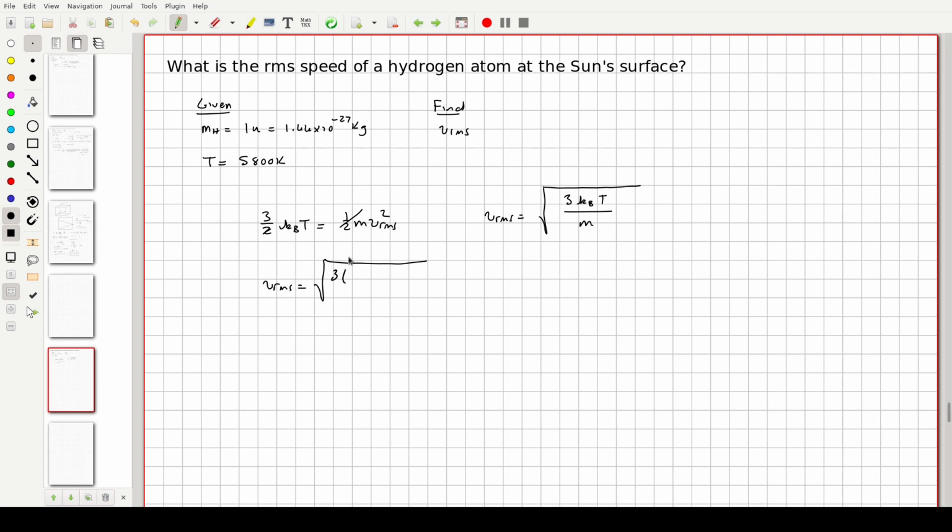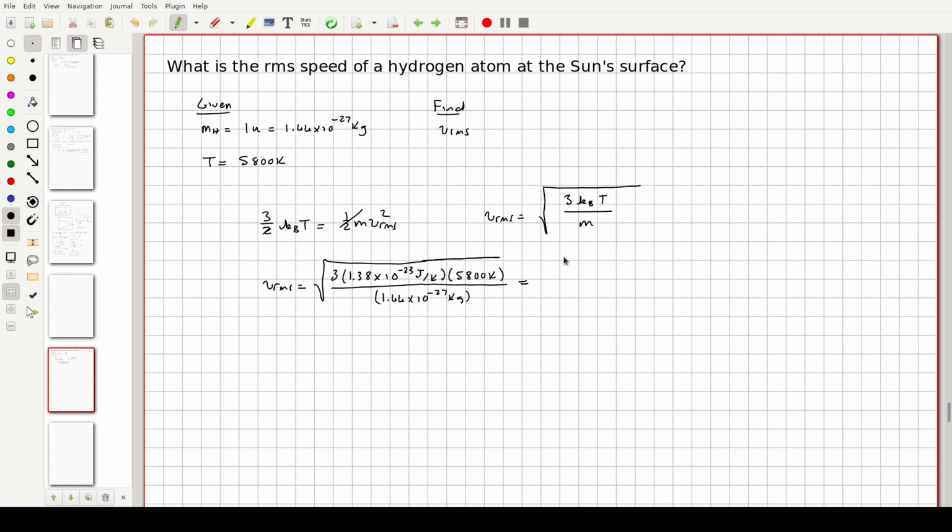So v RMS is equal to the square root of 3 times. Now let's see, Boltzmann's constant was 1.38 times 10 to the minus 23rd joules per Kelvin. The temperature is 5,800 Kelvin. And the mass is 1.66 times 10 to the minus 27th kilograms.